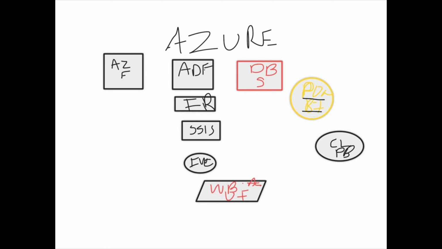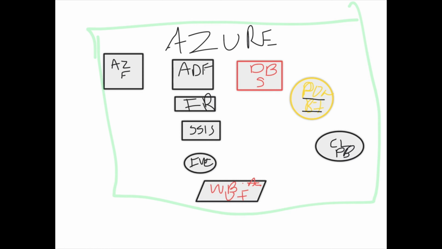So if we add all that up, then we're doing pretty good. At that point, I would say we've pretty much got the whole thing covered. We have the complete application.